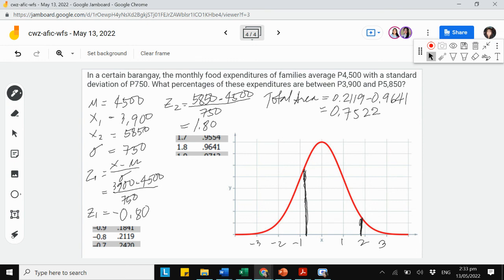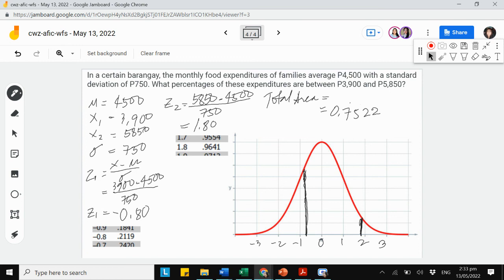Siguro para mas maayos natin 'to, ayusin na lang natin siya in presentation. We can actually present this kasi remember the z or the mean is zero. Yun yung pinakagitna.